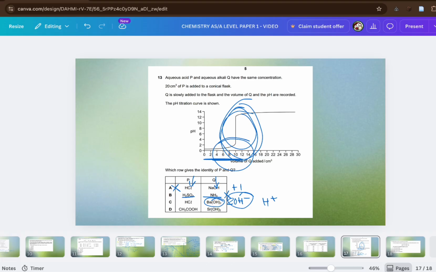So the answer is C. What about D? Well, D is a weak acid and a strong base, which can result in a change of pH upwards, but both have to be strong, so it cannot be D. Result is C.